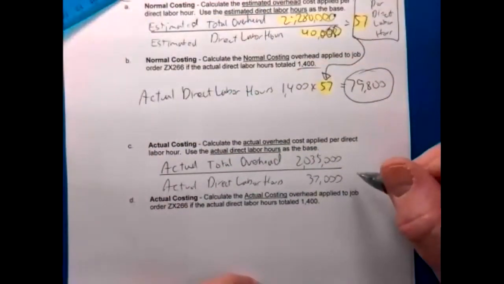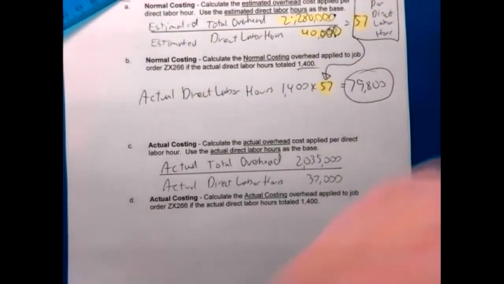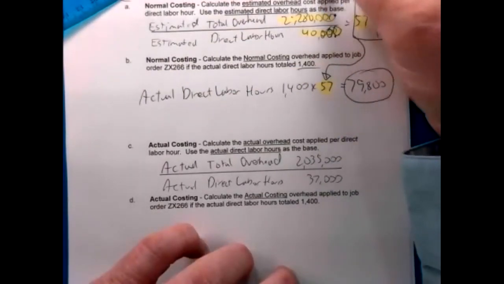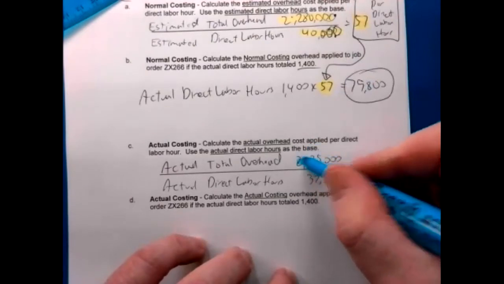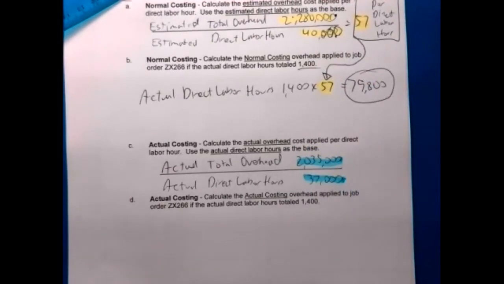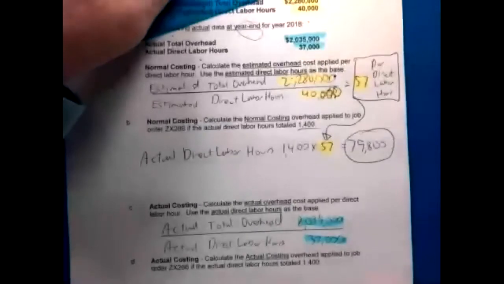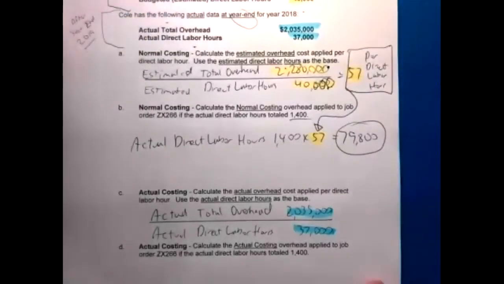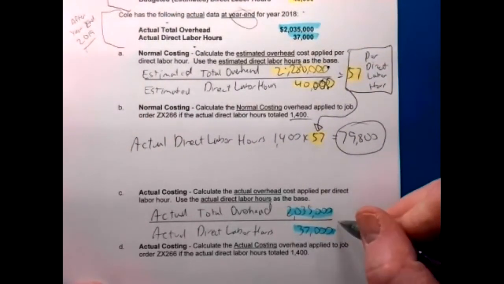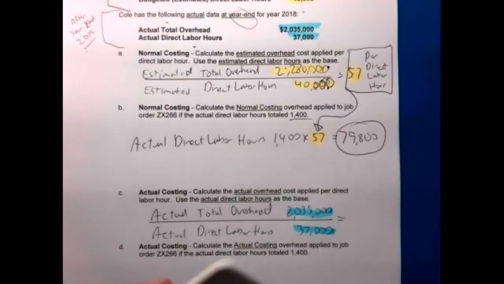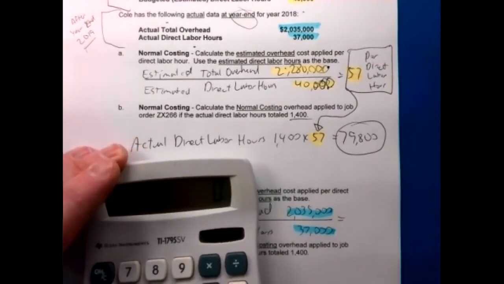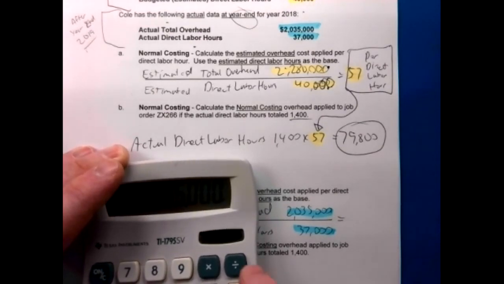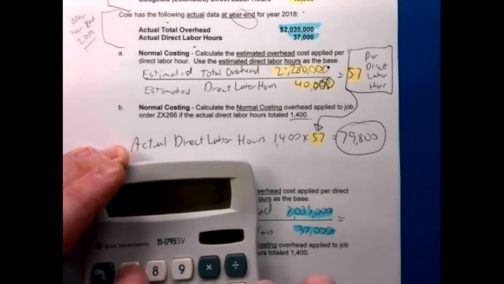Okay, so we're going to divide those. What color code those also? Can't see my color coding. There we go. Okay, so this would be 2,035,000 divided by 37.